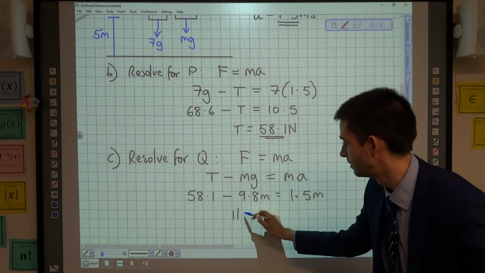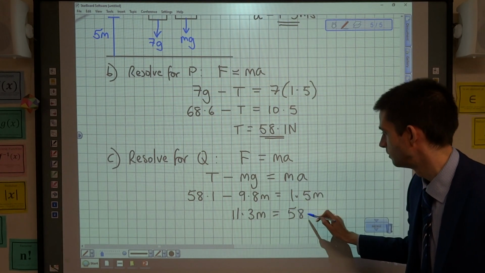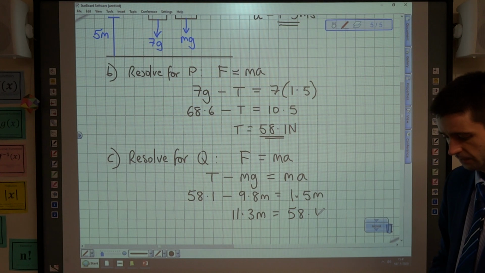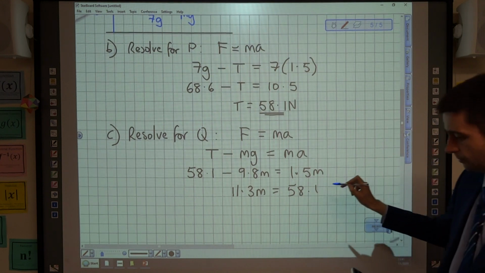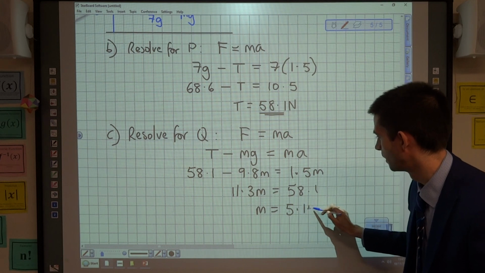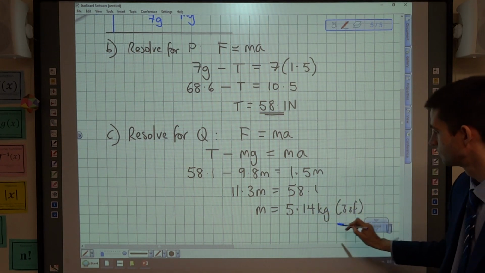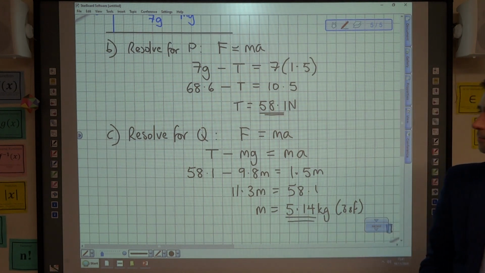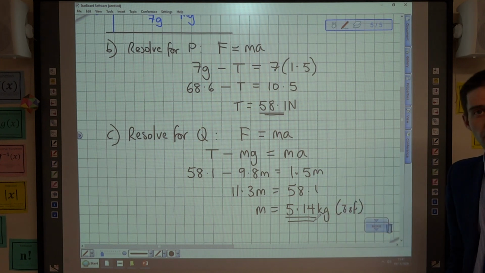That will mean that 11.3m is equal to 58.1. If I do 58.1 divided by 11.3, I get that m is 5.14 kilograms to 3 significant figures. There we go. So resolve for P to find the tension, resolve for Q to find its mass.